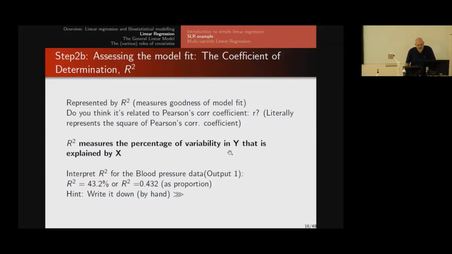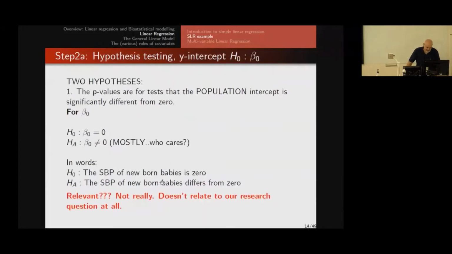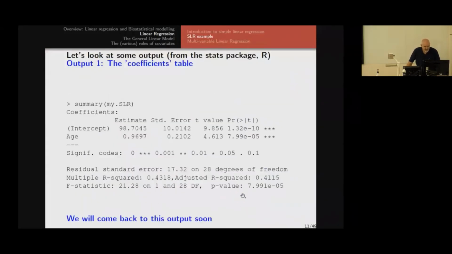So how much variation in Y, in systolic blood pressure, can I explain by people's age, okay? Now from our output, sorry, I've got to switch back and forward again. There it is right there, 0.4318.